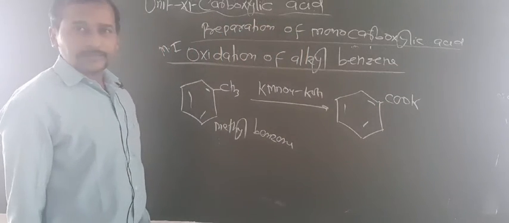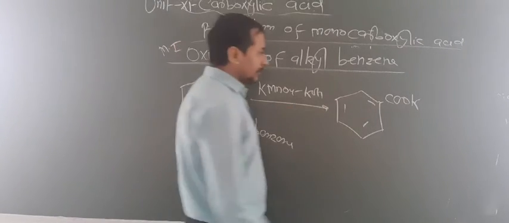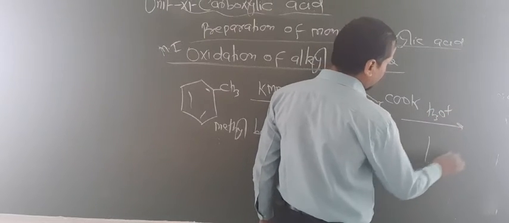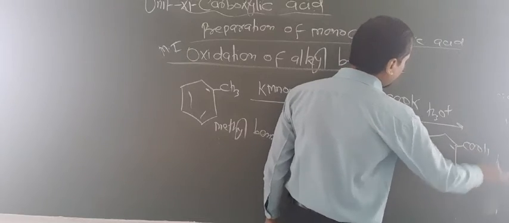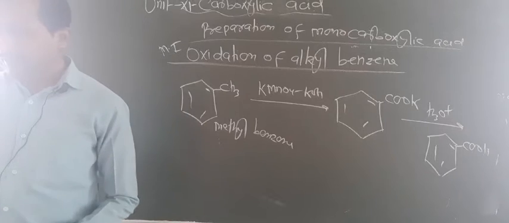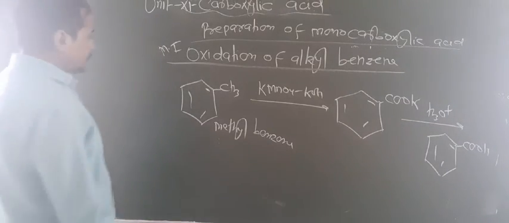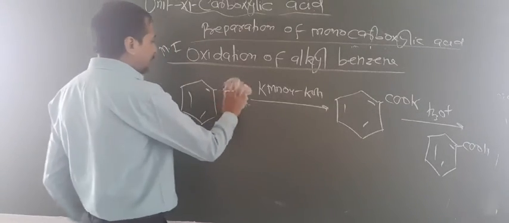Many times students make a mistake: they write it directly as acid, but no. Now after acidification, this K will be removed and now this becomes COOH. Okay? So by this way you can convert alkyl benzene into carboxylic acid. Are you getting this point? Now students, irrespective of the length of carbon, how many carbons we have taken?